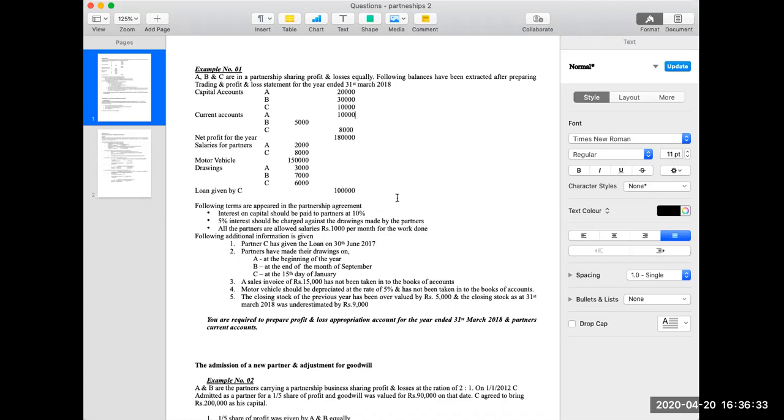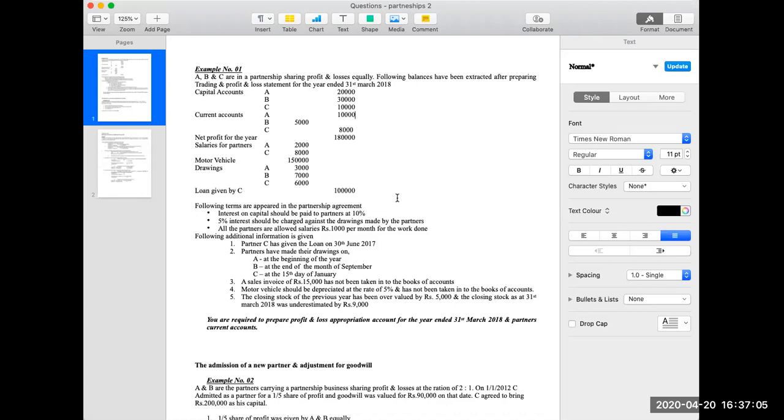Calculate the loan interest: 100,000 into 5% for how many months? 30th June 2017 to 31st March 2018. July, August, September, October, November, December, January, February, March. 9 months. So calculate the interest amount 100,000 into 5% into 9 months. That comes to 5,000.